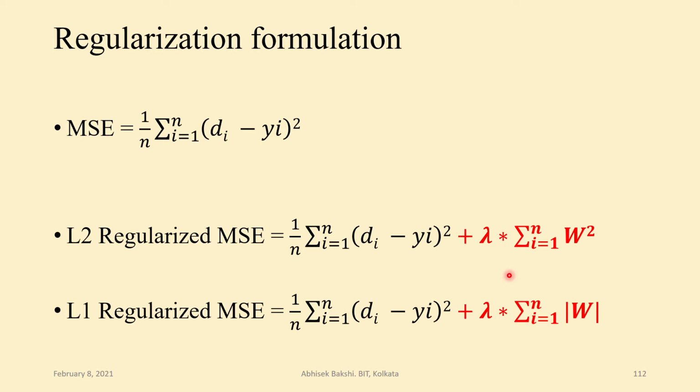We have to add some extra penalty in the error function, and that will help you alter some specific weight update equations during this learning process. Initially the MSE was something like this that we have seen: the sum of squared errors and their average.